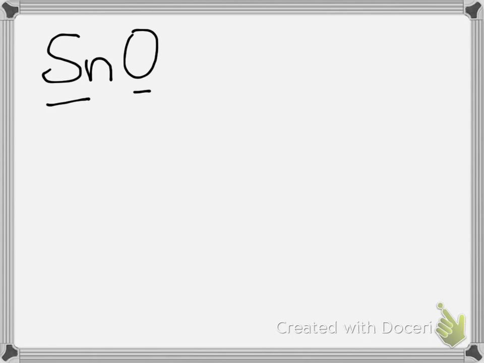It looks like it's in a tall column, but it's underneath that heavy stair-step line, which means we call it a transition metal that we consider a short column. Okay, so we are in a short column, which means we trigger another question. All right, is tin on our helper sheet? It is. It has more than 1 possible charge, which means I'm going to have to name this twice.